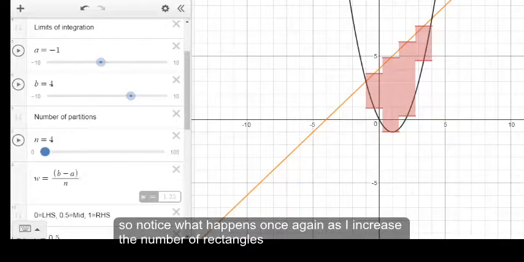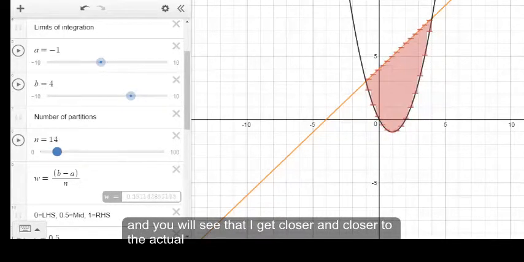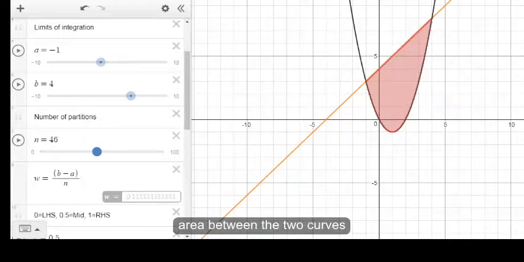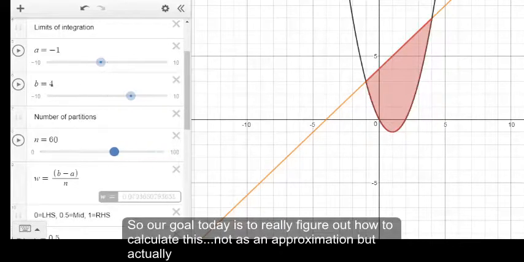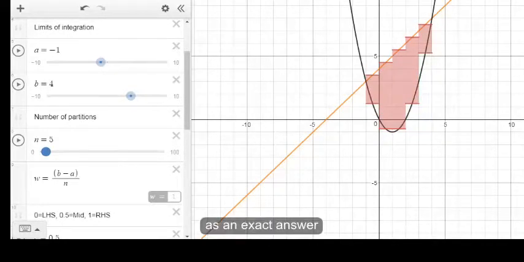As I increase the number of rectangles, you'll see that I get closer and closer to the actual area between the two curves. Beautiful. So our goal today is to really figure out how to calculate this, not as an approximation, but actually as an exact answer.